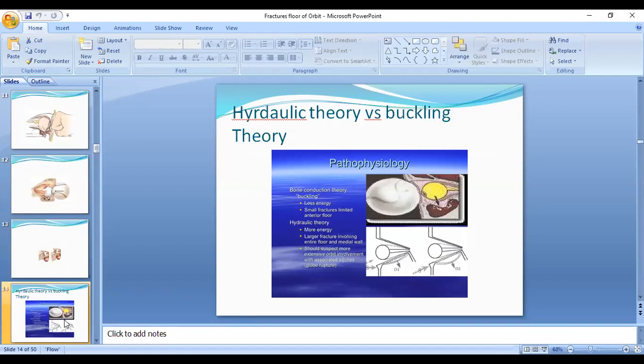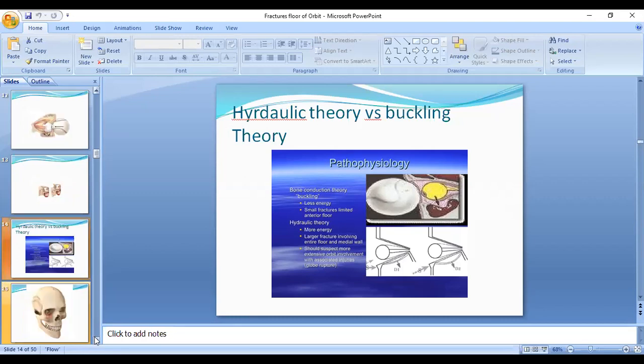Small fractures result in the orbital floor. The hydraulic theory states that there is a larger fracture involving the entire floor and medial wall, and it occurs due to the pressure effect created over the globe that is directly traumatized.